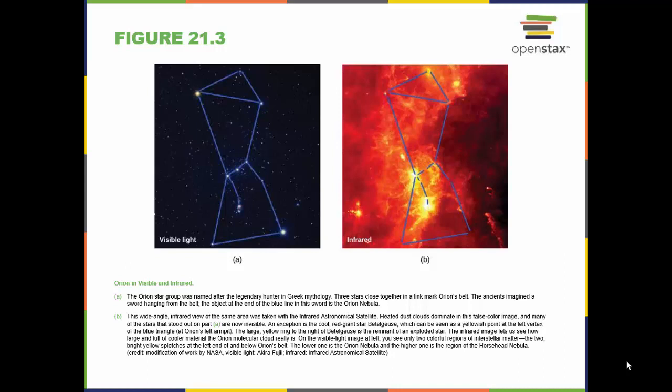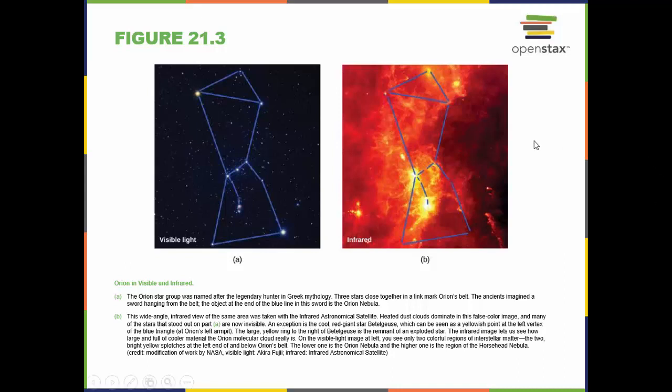An exception is the cool red giant star Betelgeuse, which can be seen as the yellow point in the left vertex of the blue triangle in Orion's armpit.